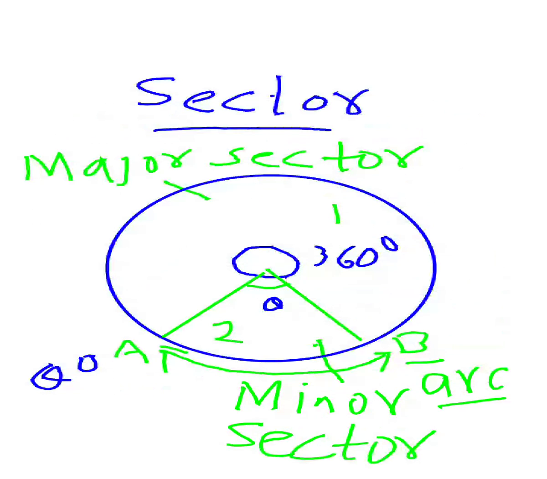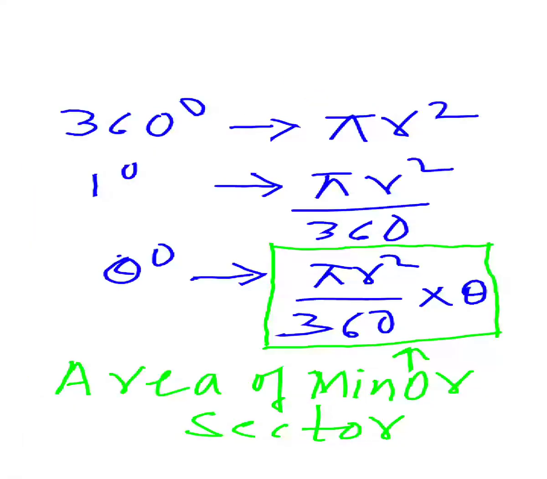Okay, so just a small recap, because I'll then move to the slide. My slides are finished. So this is a sector, this is the minor sector, depending totally upon theta. If you want the area of it, simple calculation: 360 degrees gives pi r square, so 1 degree is pi r square divided by 360, and for theta degrees multiply by theta.